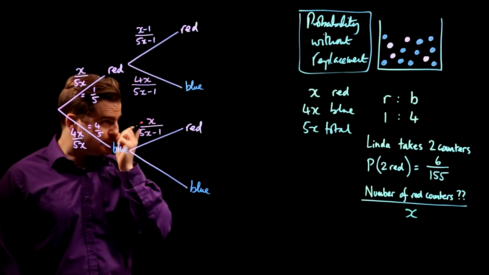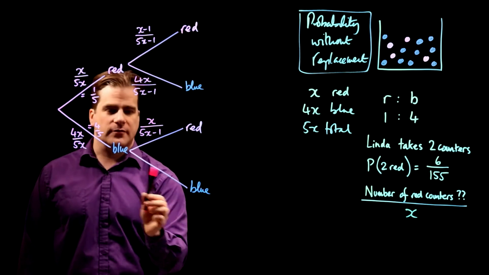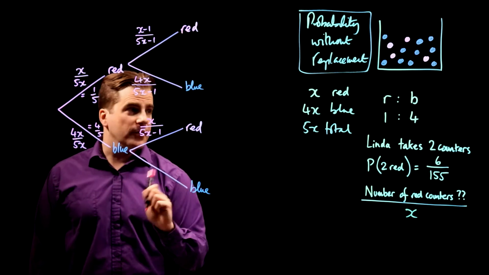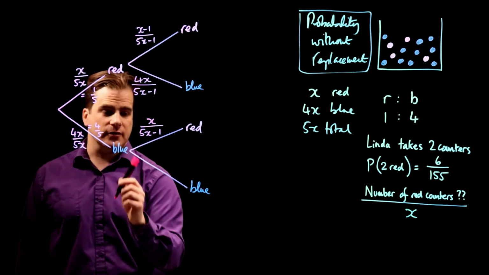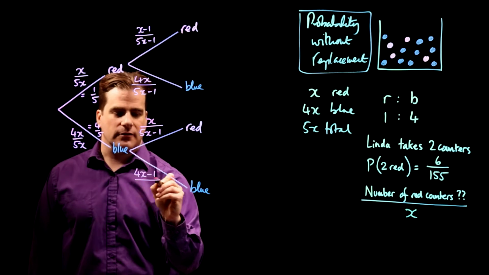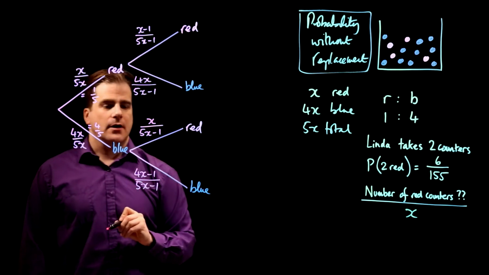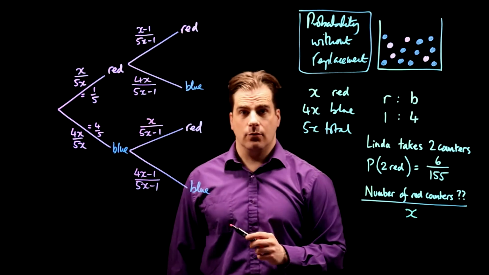And finally, probability of choosing a blue counter with the second pick, given that we chose a blue with the first. How many blue counters are there in the box? Well, there were 4X originally. We've chosen a blue, so there's 4X minus 1 now, out of a total of 5X minus 1. So that's what the probability tree diagram looks like.